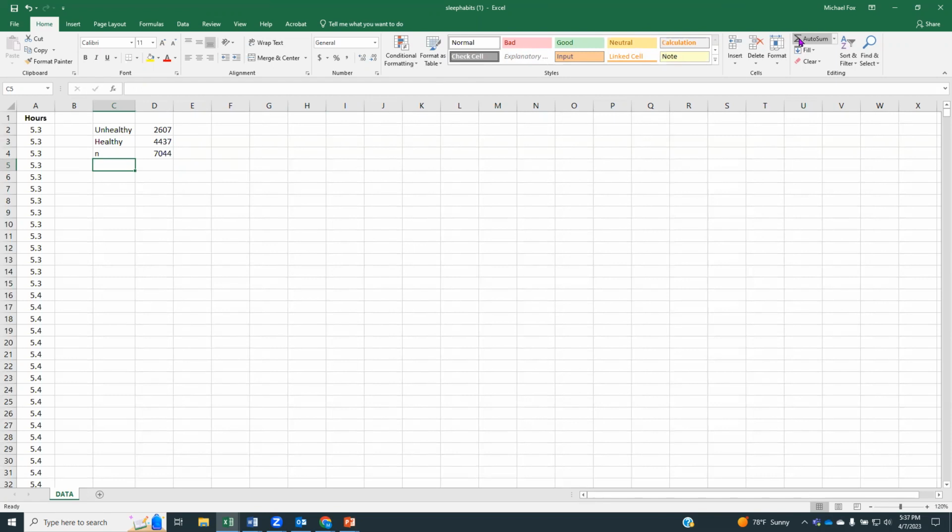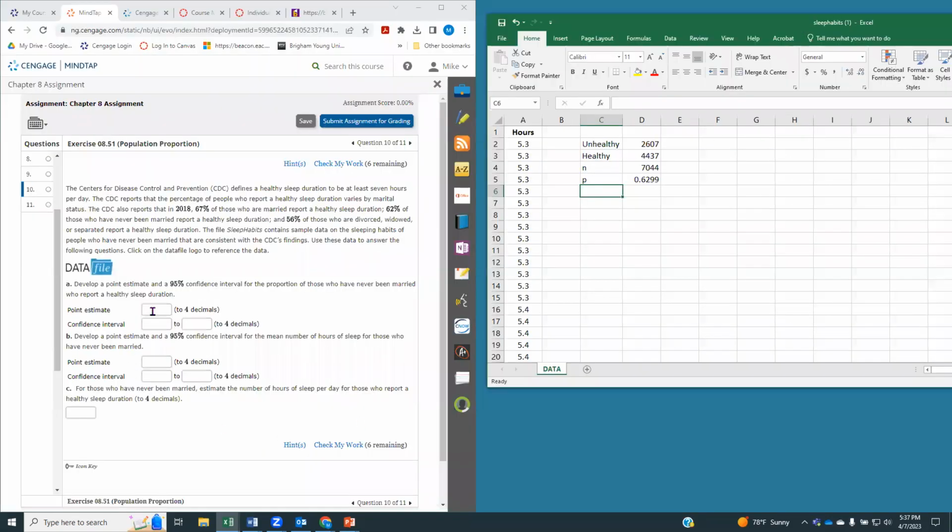To find our p-bar, or our proportion, we take the healthy sleepers divided by the total. That gives us 0.6299. So our point estimate is 0.6299.